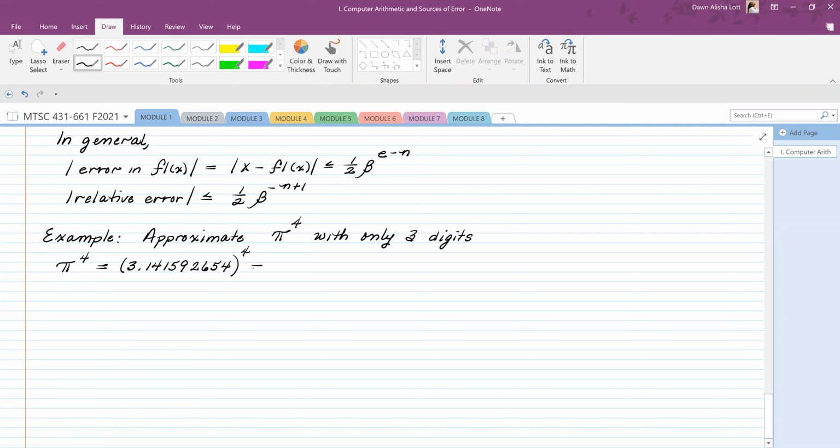Okay, I could use more digits, but that's what I have available. So this comes out to be 0.974099108 times 10 squared.